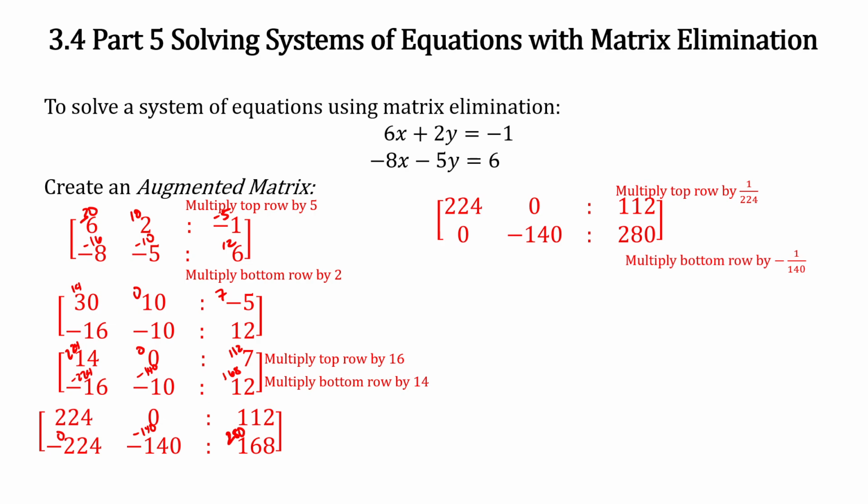In the bottom, I'm going to multiply by negative 1 over 140, or essentially divide by negative 140. So this will become 1, and this will become 1. And then this will be over 224, and this will be over negative 140, which brings you to 1/2 and negative 2. So x is 1/2, and y is negative 2.